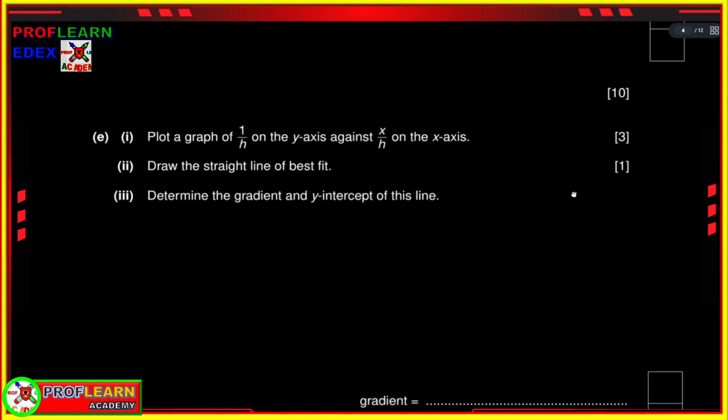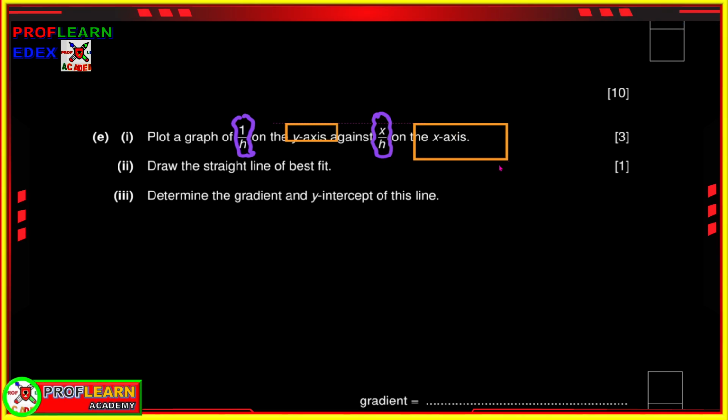Now you can see in this instruction, in fact you are not supposed to fail a practical, because they are even telling you what should be on the y-axis, and x over h should be on the x-axis, already well demarcated there, so that you can put everything on the correct axis.